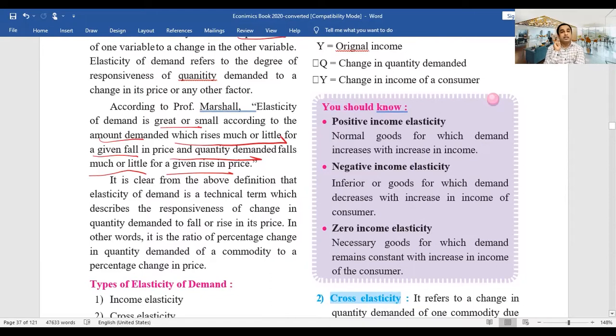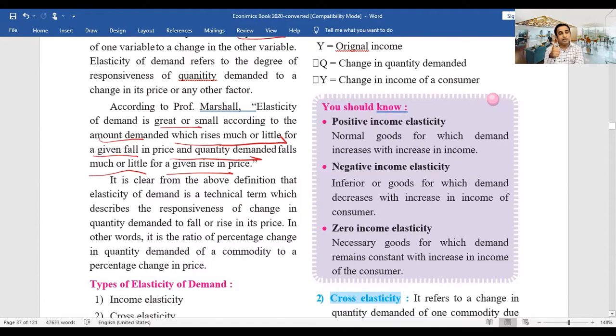Here, if we have to define price elasticity of demand, or cross elasticity of demand, or income elasticity of demand, all we have to do is remember these 4 definitions and replace the words determinants of demand with that particular determinant. For example, for price elasticity of demand, we remove the words determinants of demand and replace them with price.